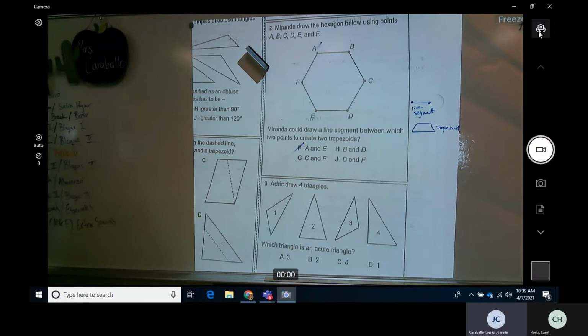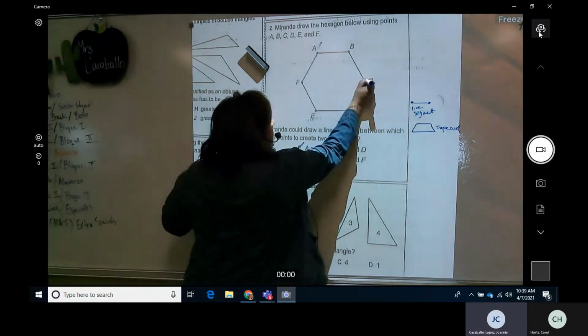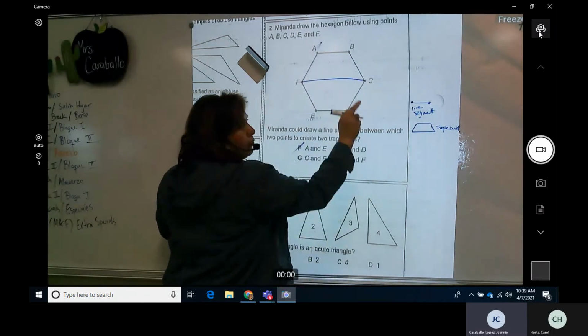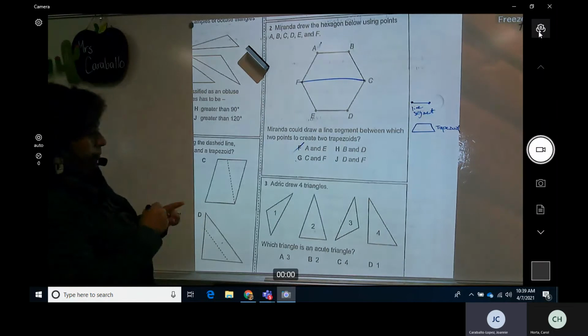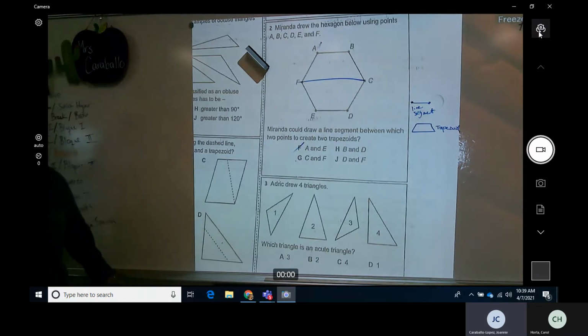Adric drew 4 triangles. Oh, wait, sorry. Yeah, so let's say the answer together. 1, 2, 3. G. Very good. It is G. So if I were to draw from C to F, I get 2 trapezoids. Okay? Number 3.